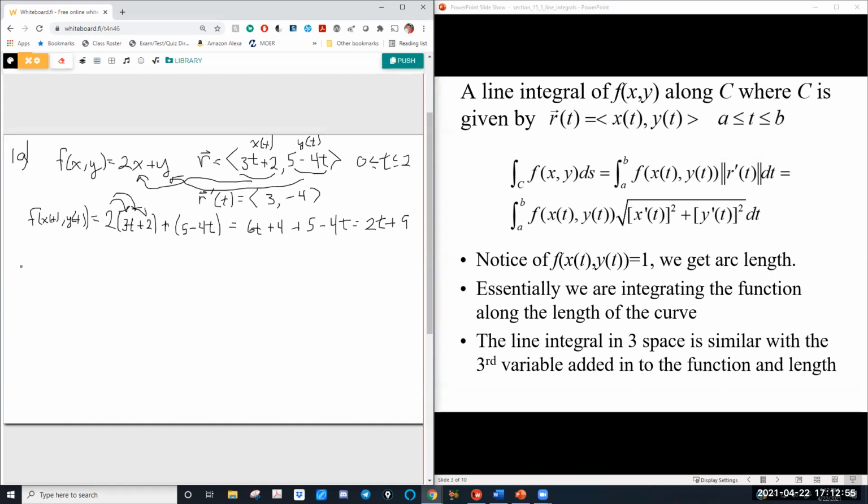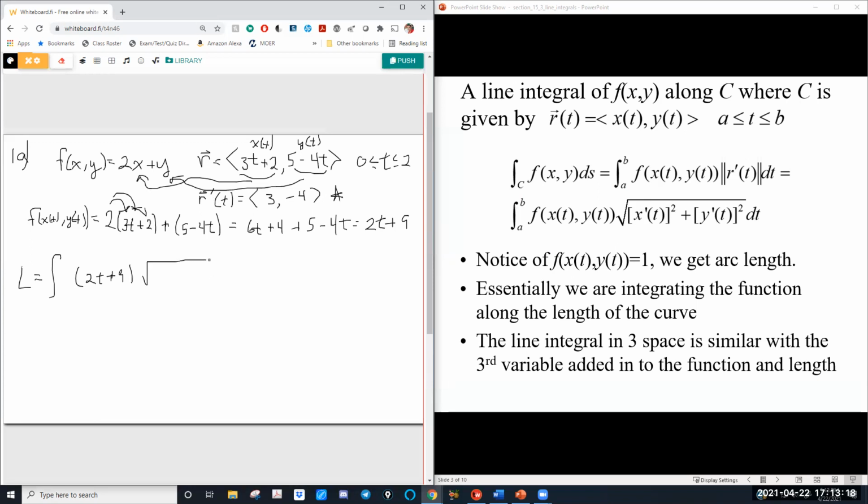So our line integral, let's just call it L, is going to be the integral of our function in terms of t, which is 2t plus 9. And then we do the square root of the sum of the squares of r prime of t, the derivative, this guy here.